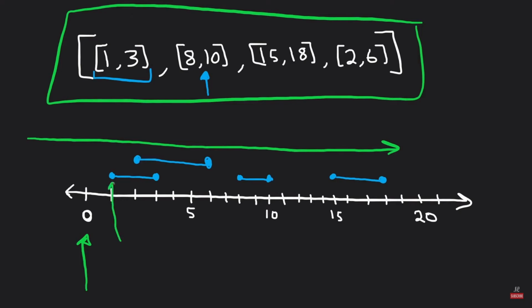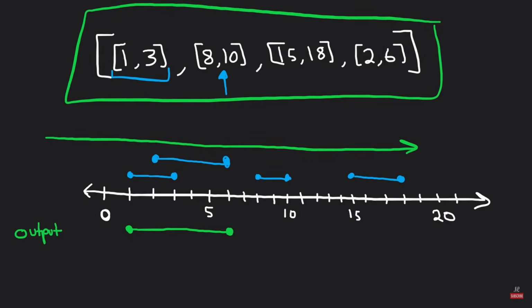So for example, we look at this interval first. We know it goes from 1 to 3. Next, we look at the second interval. It goes from 2 to 6. And since we just looked at the previous interval, we know that this one overlaps with it. So what are we going to do? We're going to merge them together into a new interval from 1 to 6, because remember, ultimately we are trying to merge the intervals.